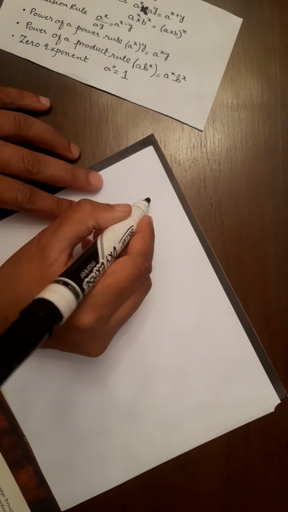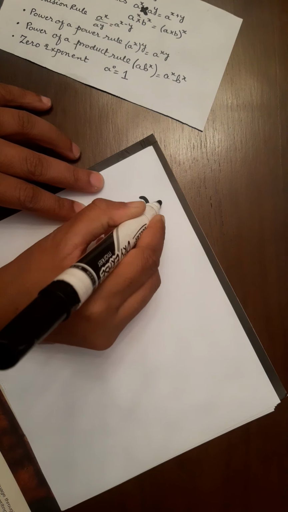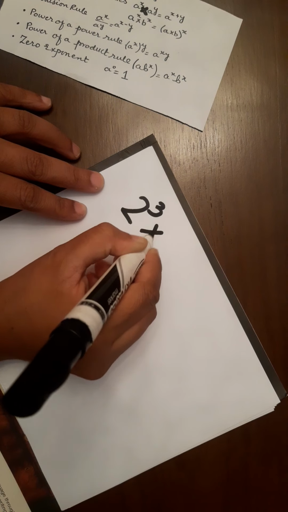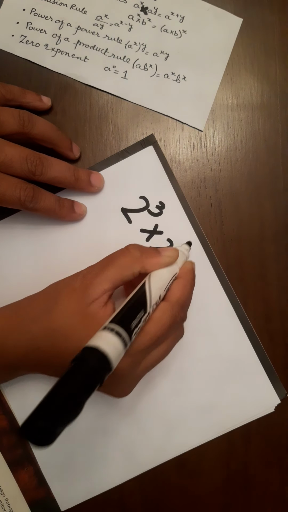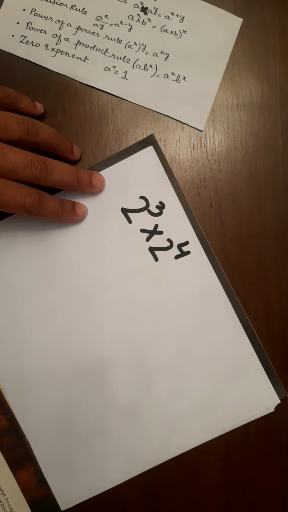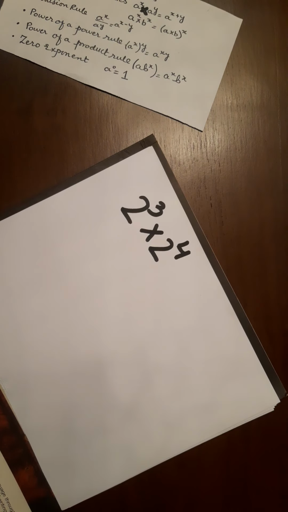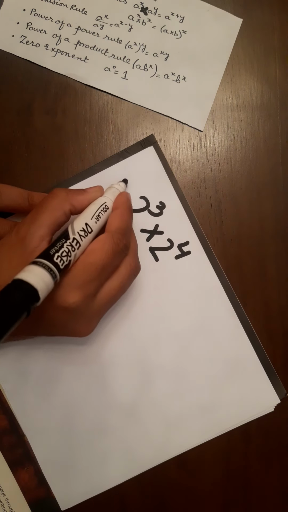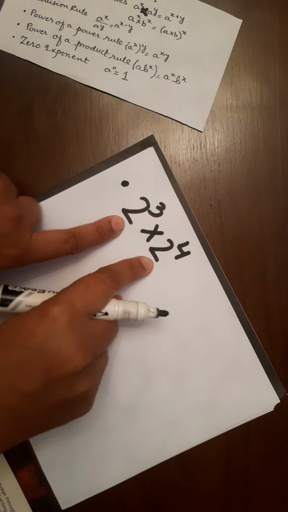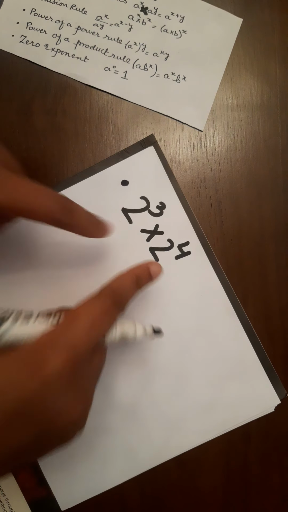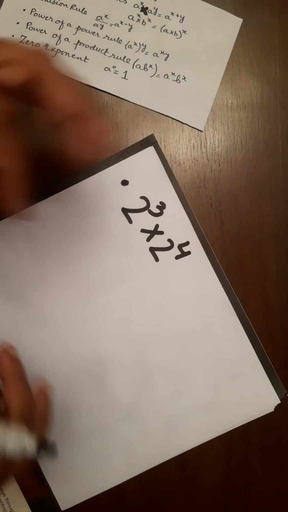Okay, students, if we have an example, 2 power 3. Here you can observe that the bases are the same, so which rule are we going to apply?